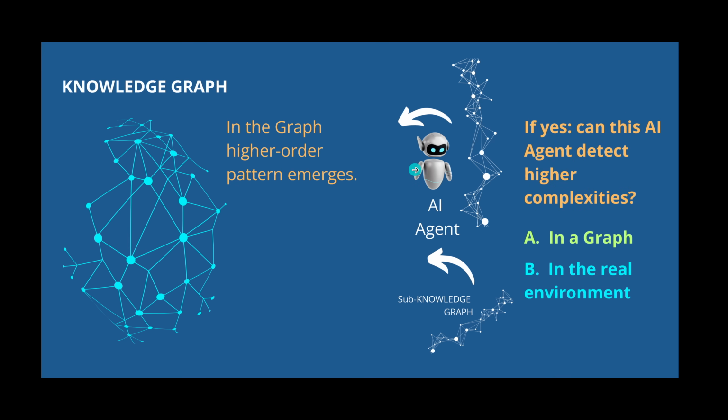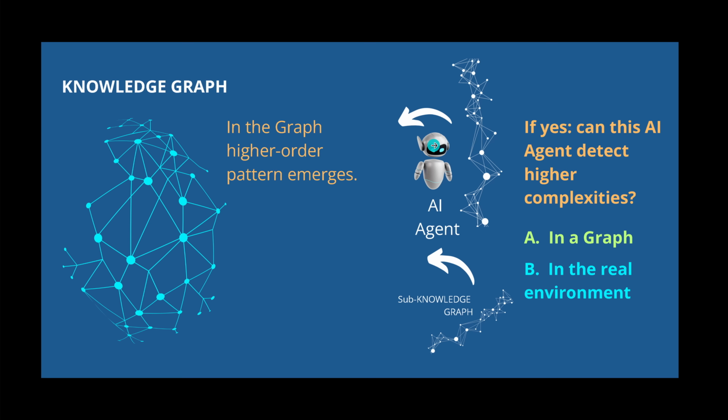And then there's the other question. If we say no, it cannot detect this. So it takes its little sub-knowledge graphs and puts them in here, but now in the graph, higher order patterns emerge. And you remember I told you that for the next task, the little AI agent takes everything of this new knowledge graph, including higher order patterns, as a base for the next decision.